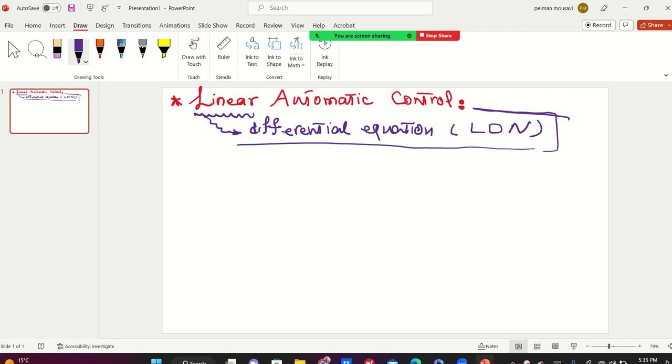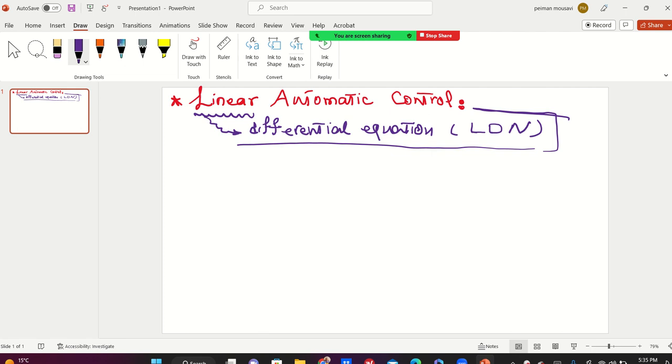Then because you want to work with linear automatic control systems or linear controllers, you have to linearize it. This is the basic rule in linear control.